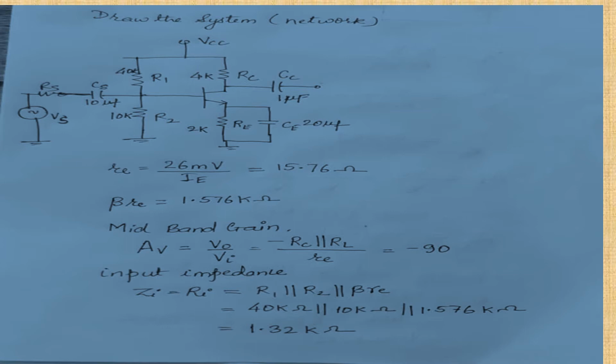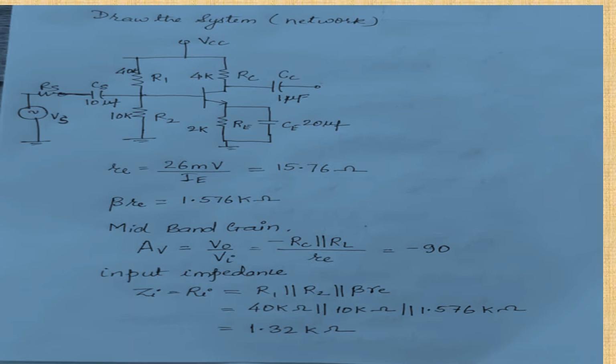Now we are finding re by using the DC analysis. First we found the emitter current IE and then used the relation re is equal to 26 millivolts upon IE. So find out what beta re is. Beta is given to be 100, re is calculated to be this much. So substituting that, you get beta re.